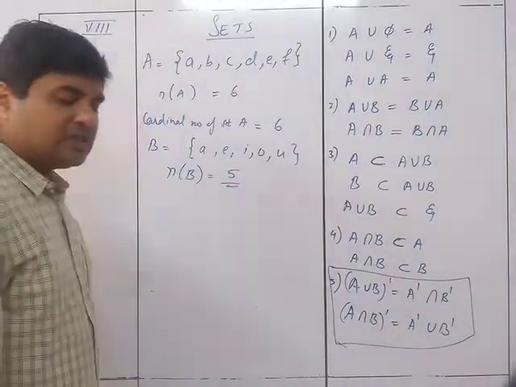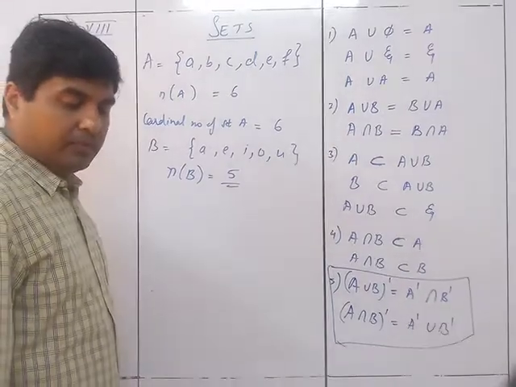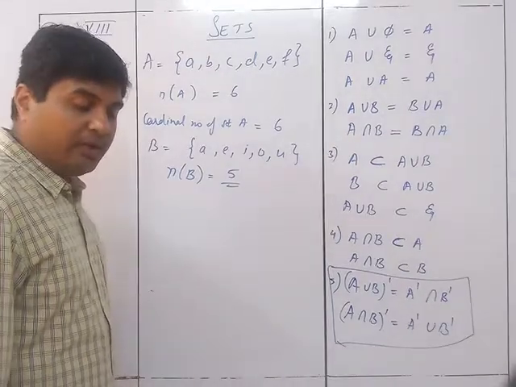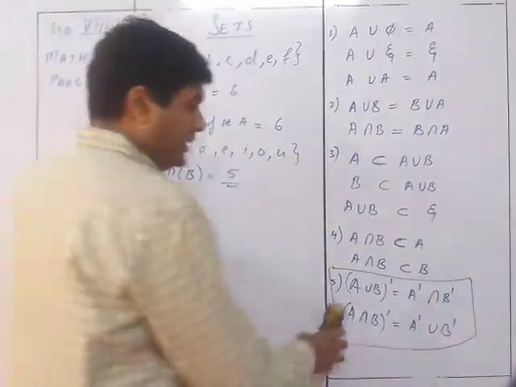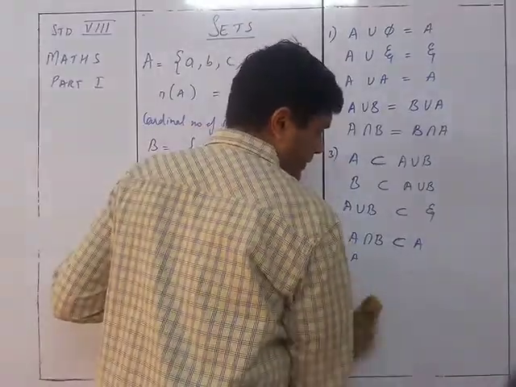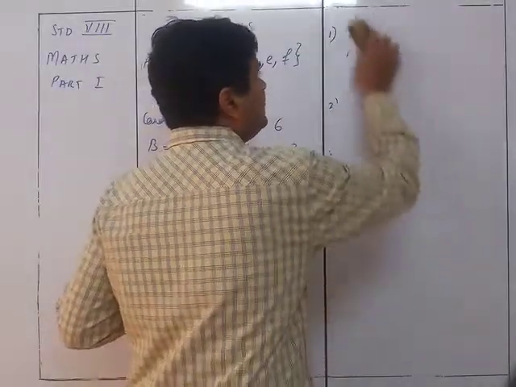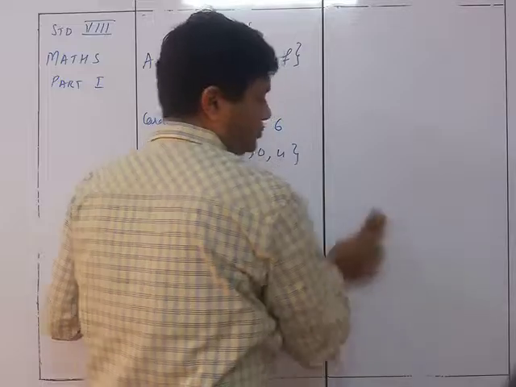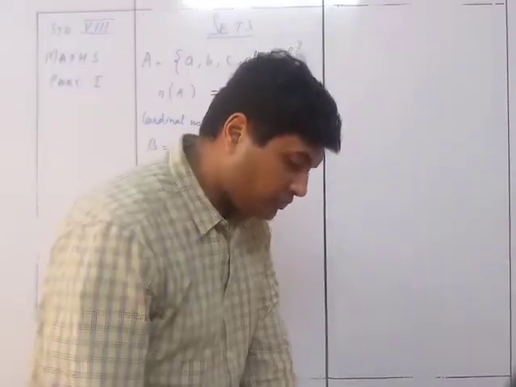Accordingly, you have got certain very important formulas which are going to be used for the cardinal number, and these are very important because they are especially important in case of Venn diagram and the calculations we do in the Venn diagram. So we have got the following things.